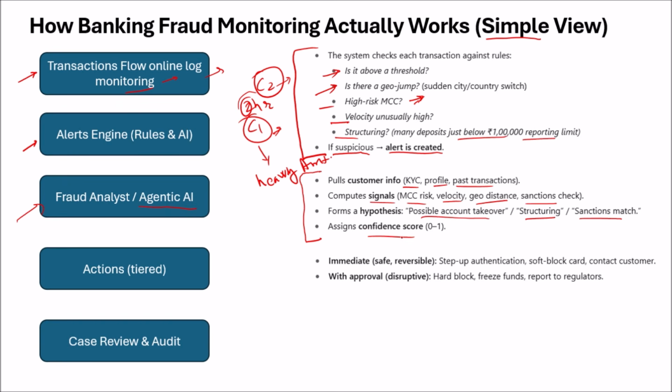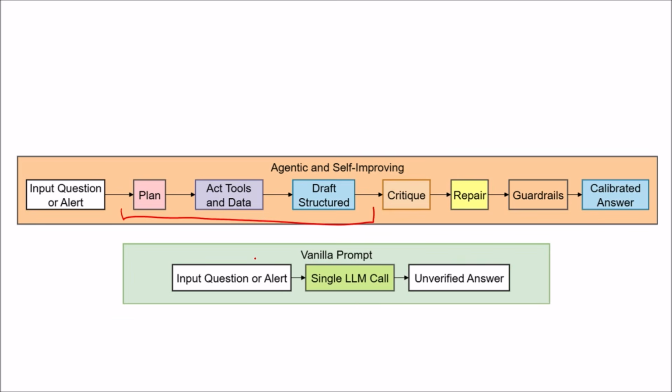Based on that, it will prepare the entire documents for this. After that, actions will be taken directly by the system. But in our case, actions are controlled by self-improving prompts like critique, repair, and guardrails.